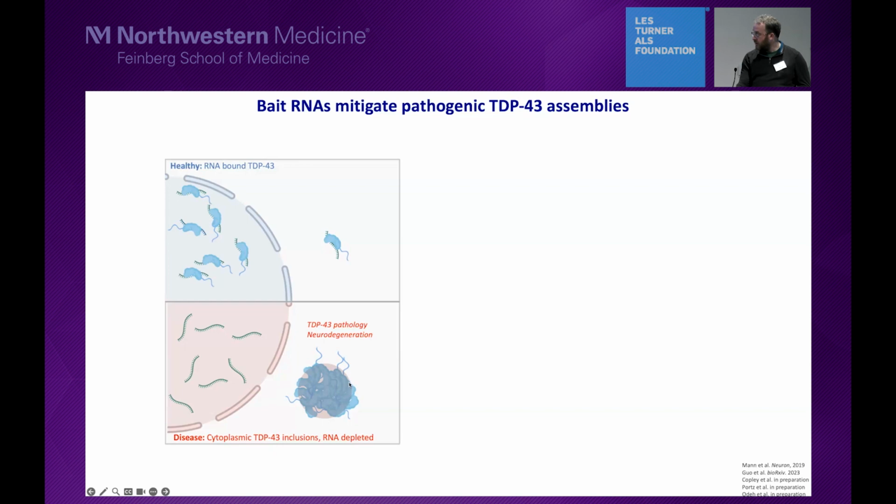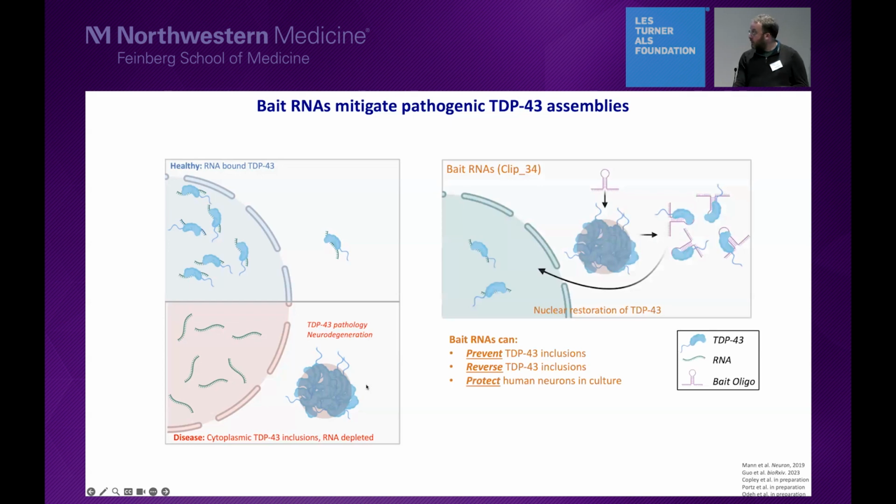So these aggregated forms of TDP-43 don't contain much RNA bound to them. And so what we think we can do with the bait RNAs is solubilize these TDP-43 inclusions by engaging the RRMs of TDP-43. This liberates a TDP-43 that's bound to the bait RNA.